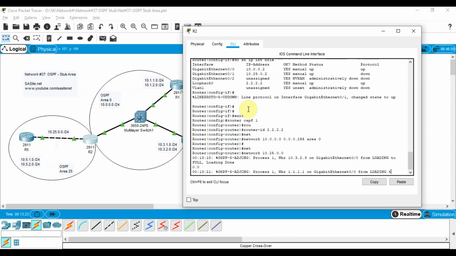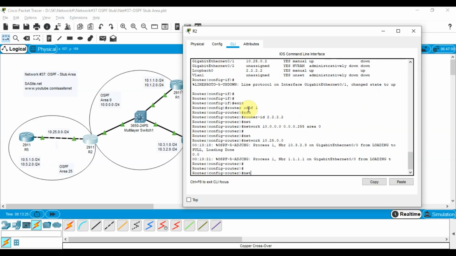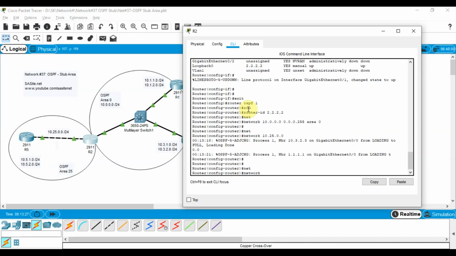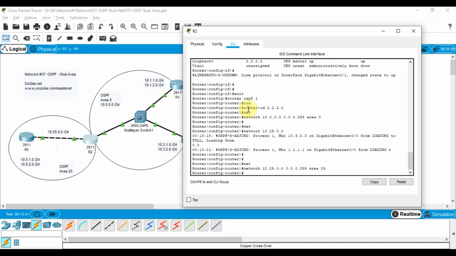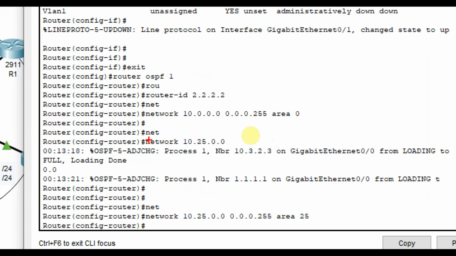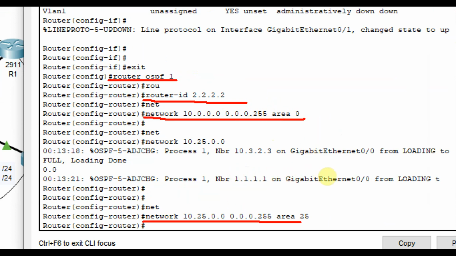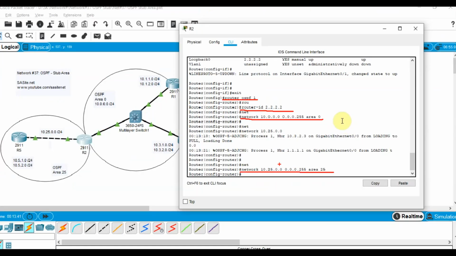Just let me get rid of it, so you can see the command fully, network 10.25, because now the neighborhood was created, 10.25.0.0 0.0.0.255 area 25. Here we go. Let's take a look at the commands. So we go to router OSPF 1, set the router ID, advertise to the backbone in area 0, and advertise 10.25 in area 25.